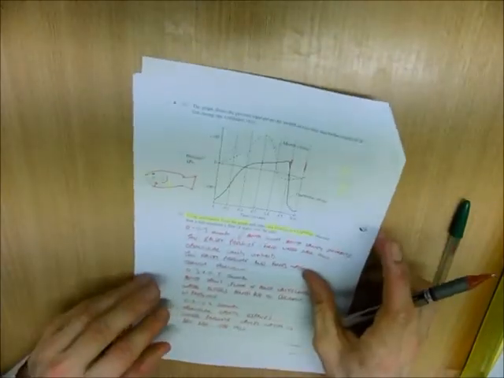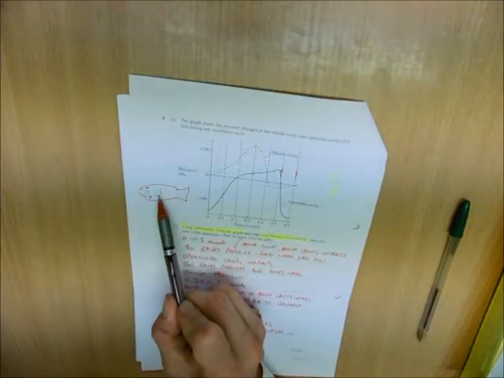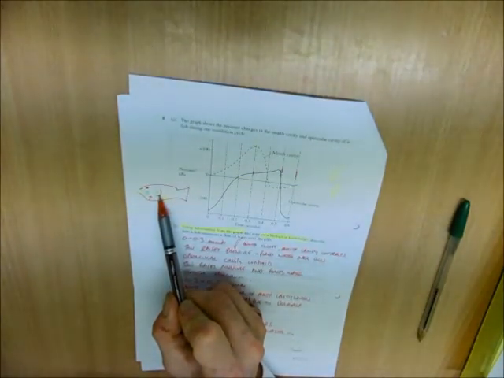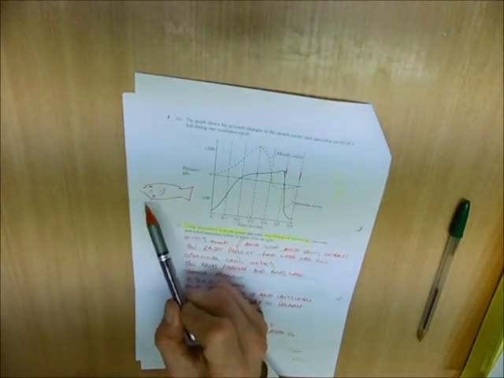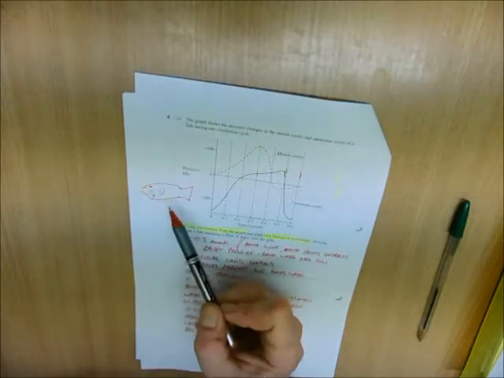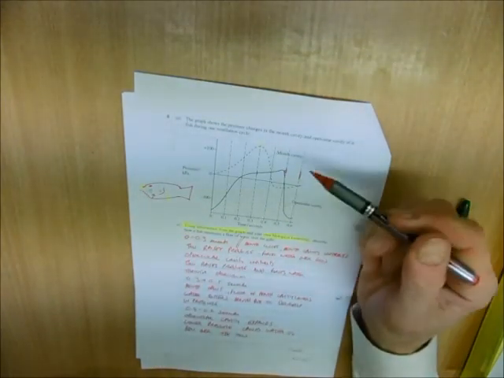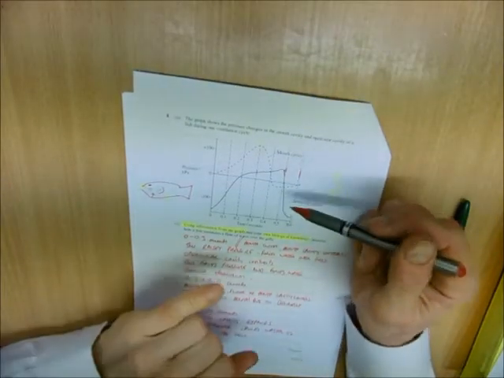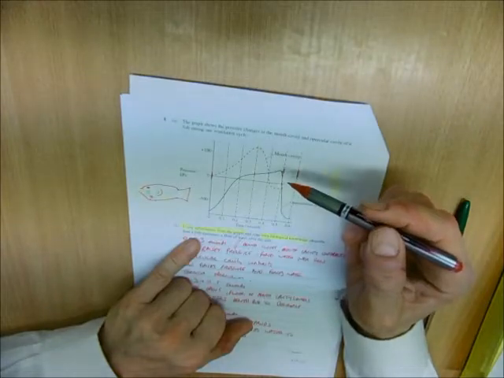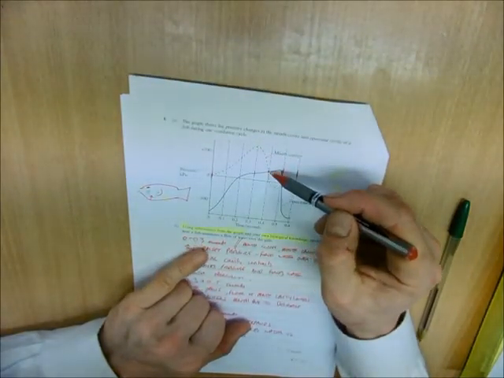We're looking for anywhere where the pressure in the mouth is greater than the pressure where the gills are in the opercular cavity. So water will only flow if pressure is higher somewhere than somewhere else. And so we go, where is pressure higher in the mouth than the opercular cavity? Well, we've got there, and it's higher over there.